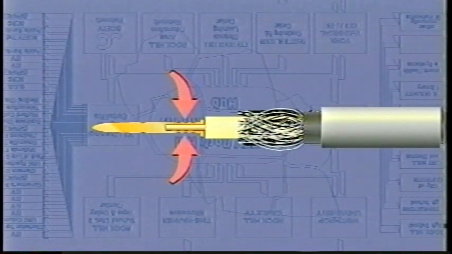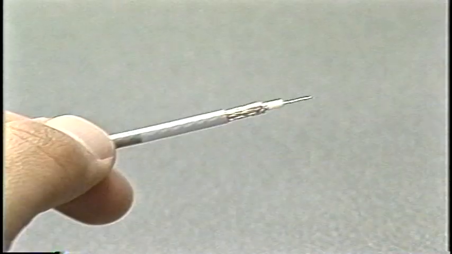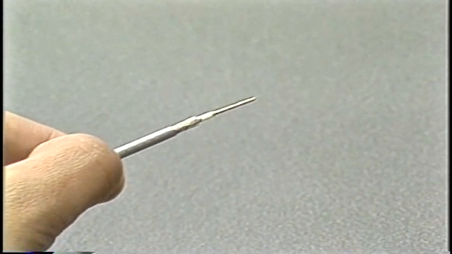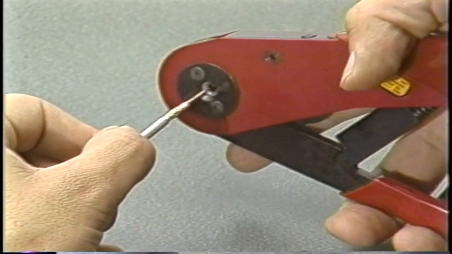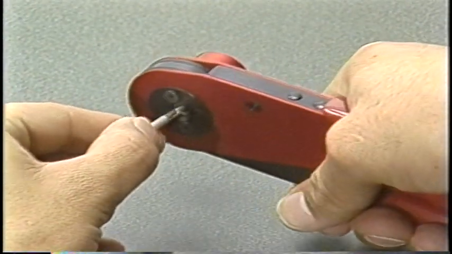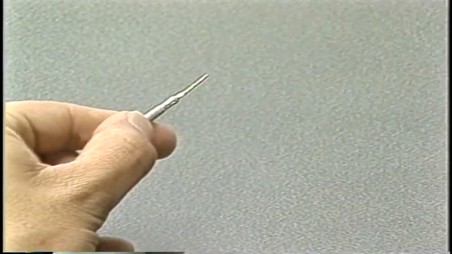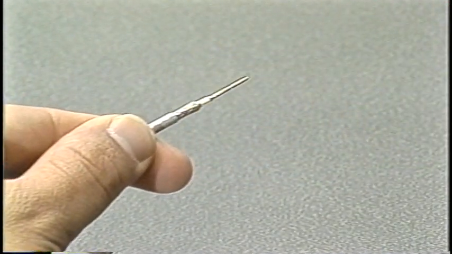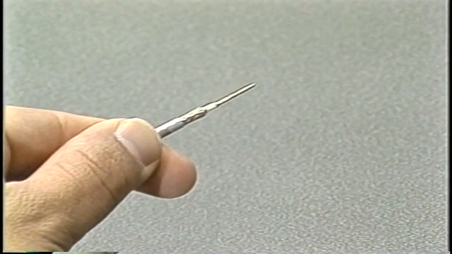This is critical because the hole in the pin is sized for each cable wire gauge, and these dimensions are critical in achieving a reliable crimp. Slide the pin onto the center conductor until it is flush with the dielectric. Insert the pin into the crimping tool and close the tool completely. The tool handles are controlled by a full cycle ratchet and must be fully closed before they will release.